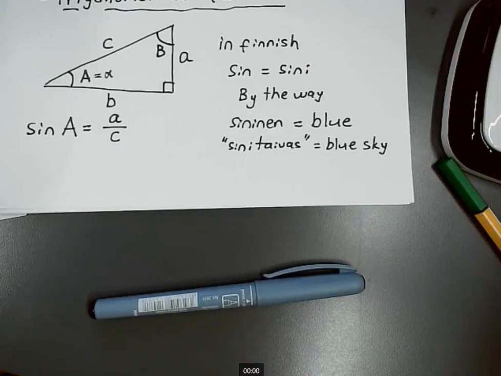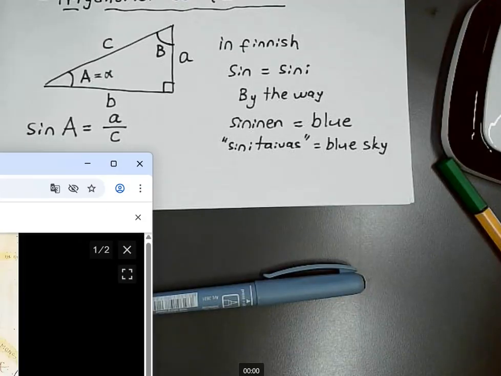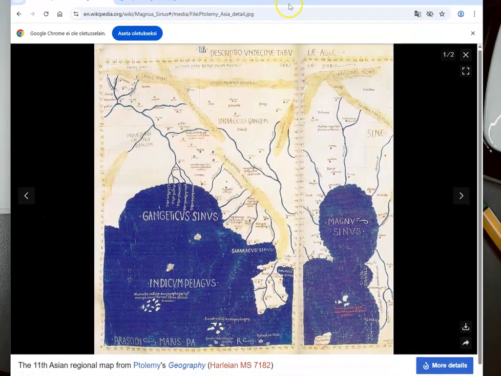Actually, with this sinus, there is some kind of history. I think you have heard that, but before lessons today I was googling on the internet, and here was an old map.